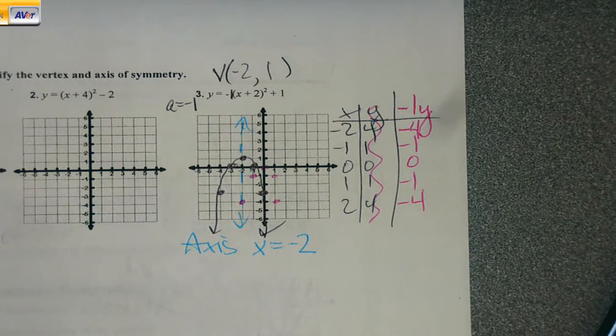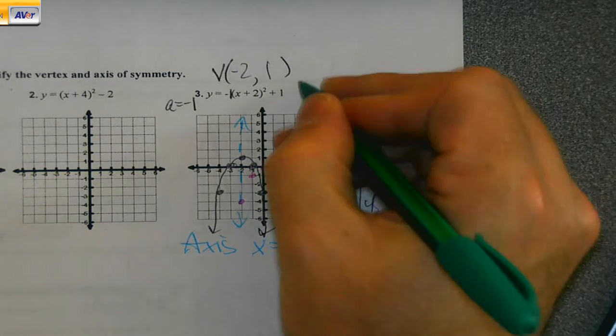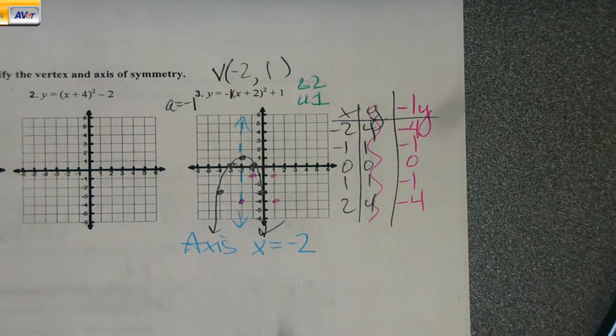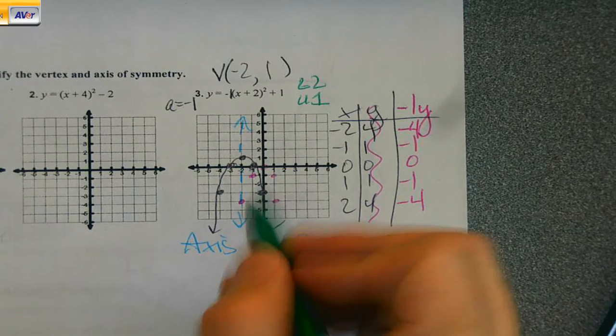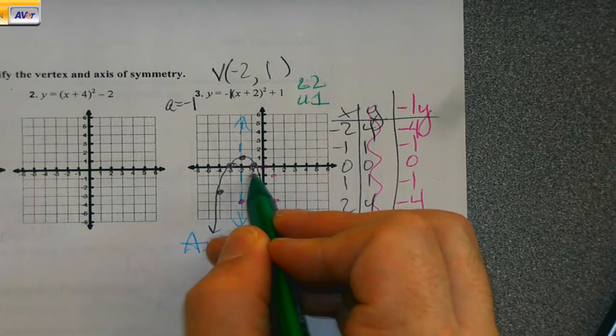But here's what I want you to see. I look to see where my shifts are at. Left 2, up 1. So if I start from my pink points, and I go left 2 and up 1, oh, it runs into one of those. Left 2 and up 1.